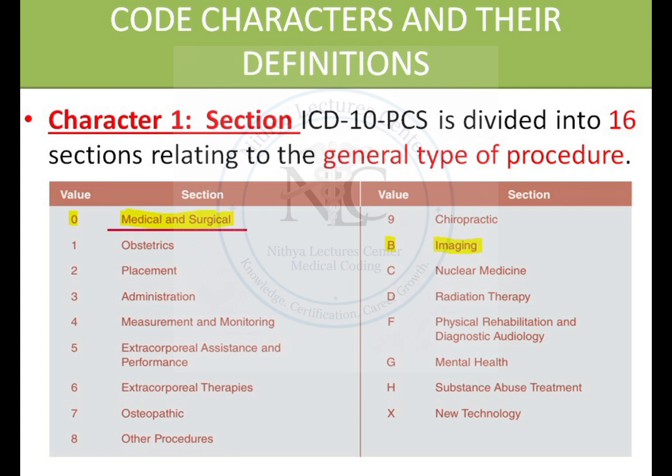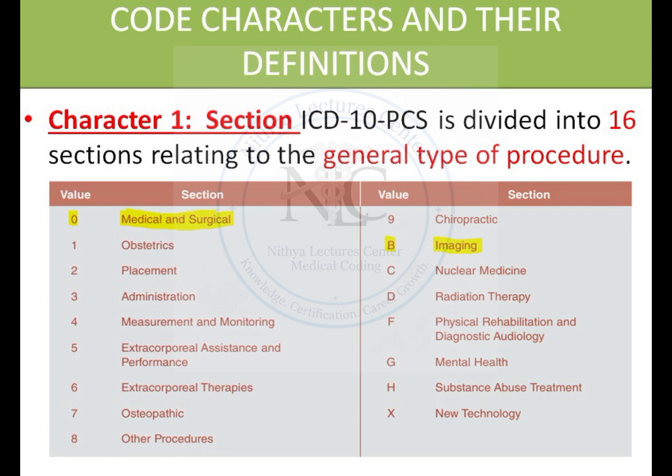All the medical surgeries come under the medical and surgical section, and 1 is obstetrics, anything related to pregnancy and childbirth, like C-section, vaginal delivery. Number 2 is placement. Number 3 is administration. Administration is putting things into the body, like IV or any injections.